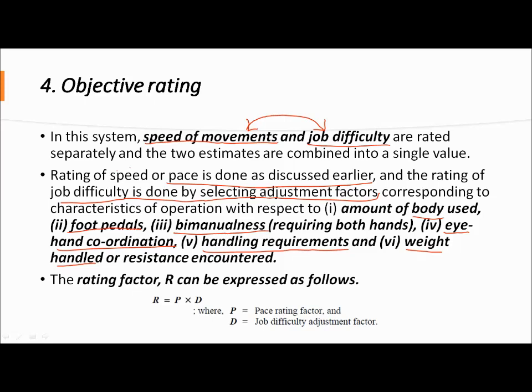If you know how difficult the job is and the speed of movements, then you simply multiply the job difficulty factor with the pace rating factor, and you get the objective rating factor. So this is how you do the performance rating in the case of objective rating.